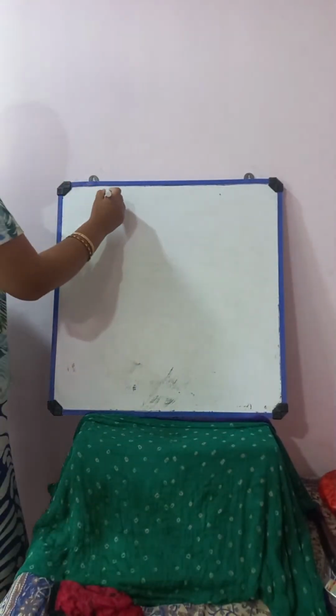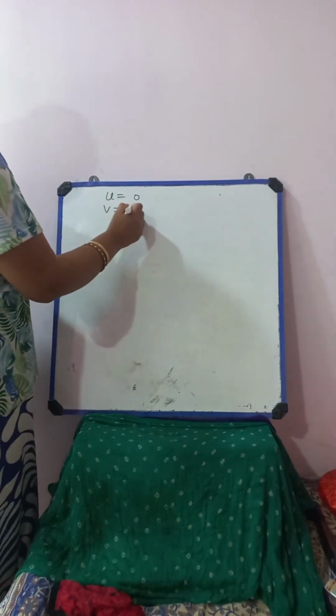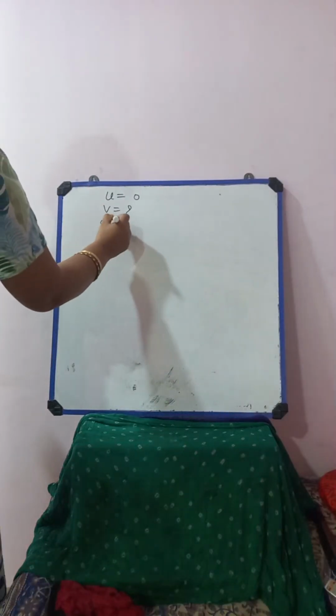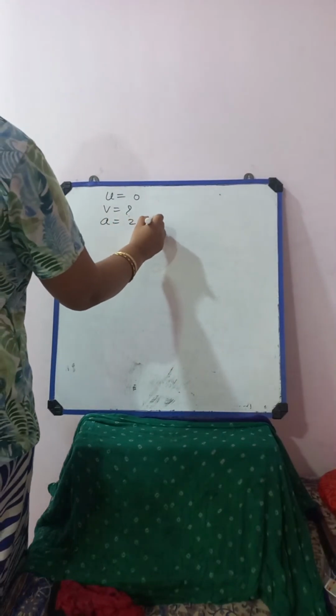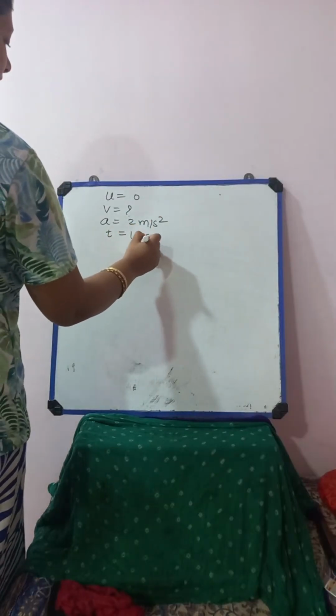Calculate the final velocity. So read the question. Train starts from rest, so that means the initial velocity is equal to 0, correct? They are asking us to find the final velocity, that is v. Acceleration is given as 2 meter per second square and time is 10 seconds.